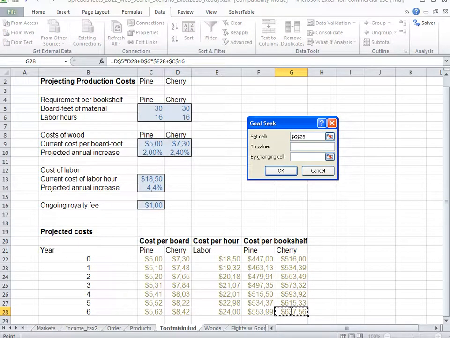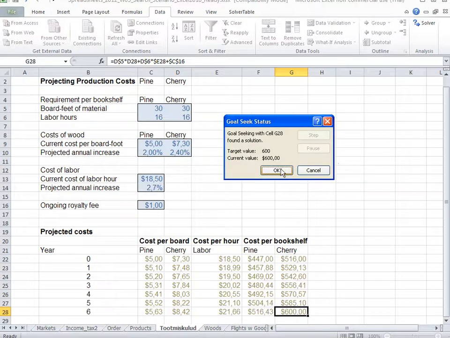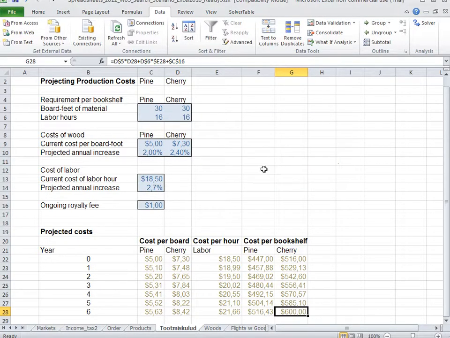So the prices always go up here, but the final price we want to set for cherry to 600, and we want to change the labor cost increase percentage and click OK. And here it is. If we manage to get the rise of wages down to 2.7%, we still get the cherry in the final year for 600, and pine will actually then only be 516.